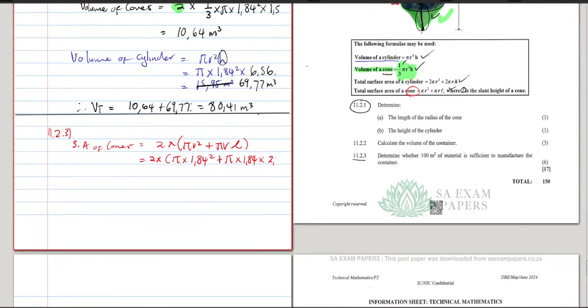It's given. Let me make sure that I punch this in correctly: pi times 1.84 squared plus pi times 1.84 times 2.37. The final answer is going to be 48.